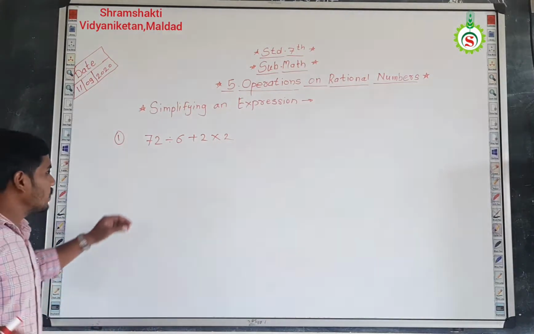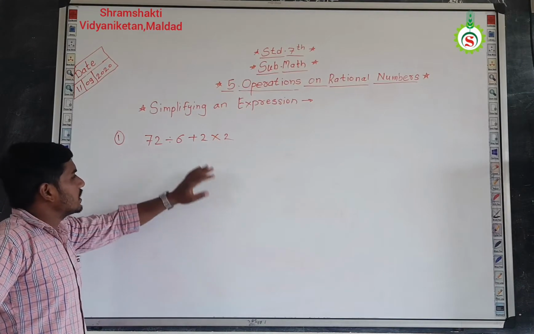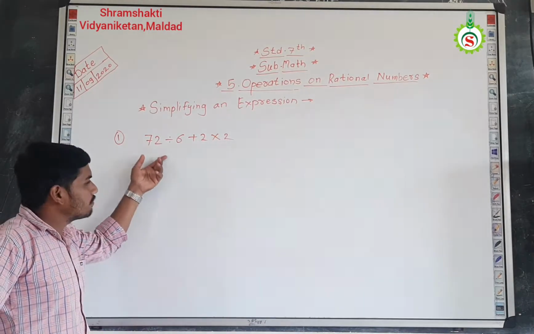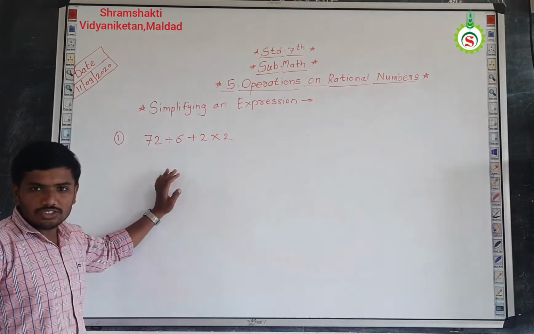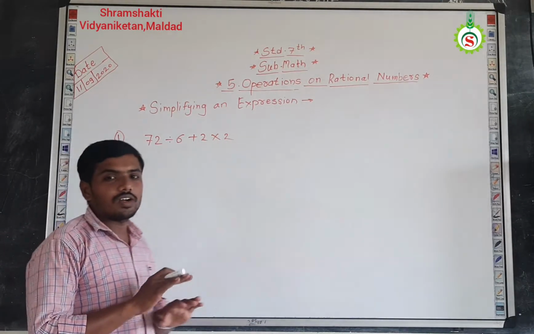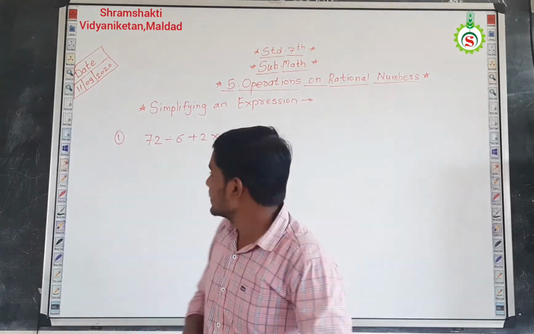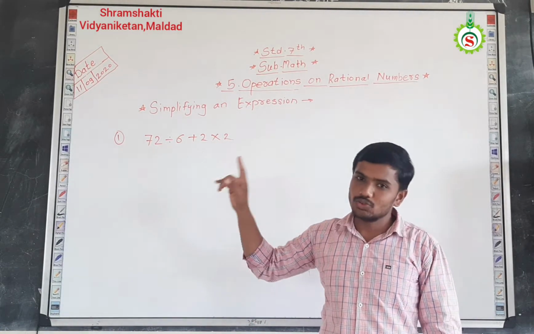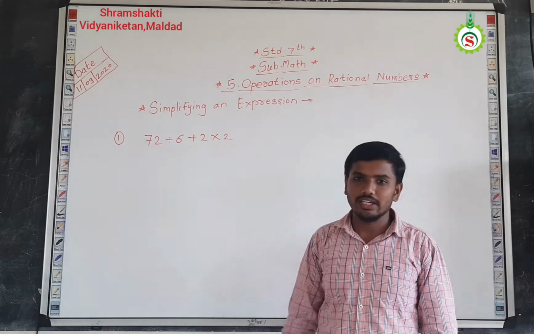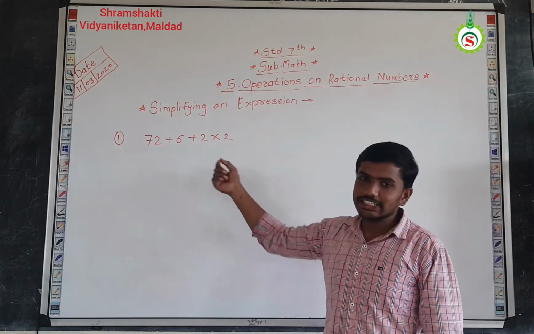If each student does different operations at the first stage, then the answer of each of them will be different. But we don't want different answers, because if that is the expression, only one answer should be there, and all students should get the same answer.